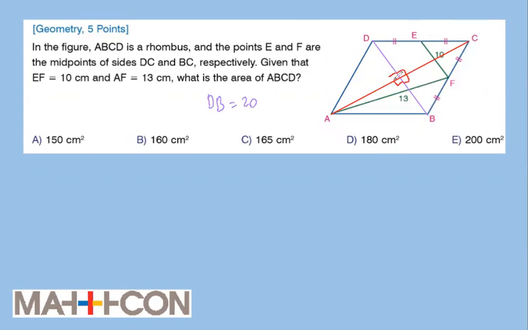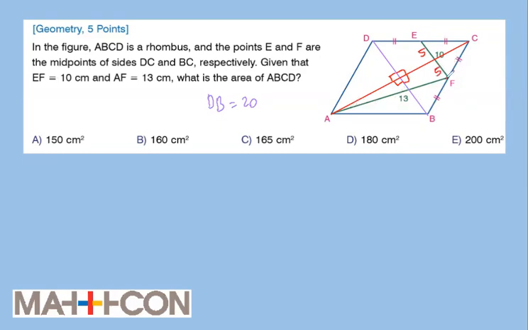So this is going to be equal. I do know this was a midpoint, this was a midpoint, so this point is also the midpoint of this height. This will be half of EF, which is why this is 5 and this is also 5.